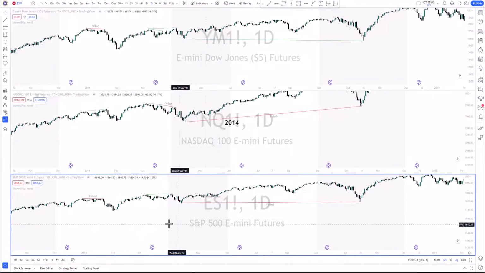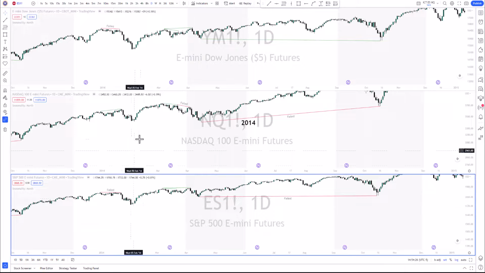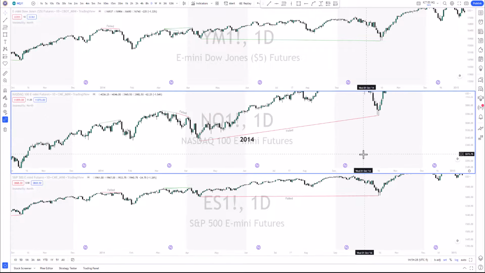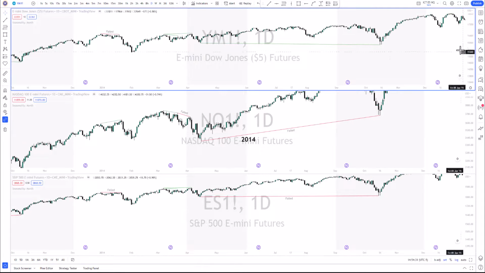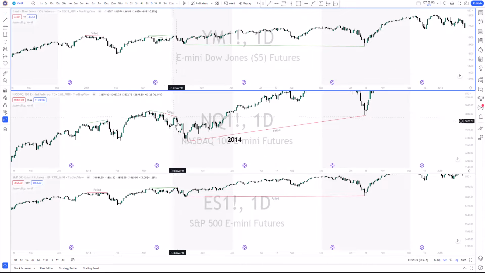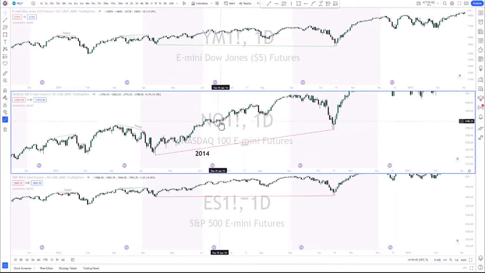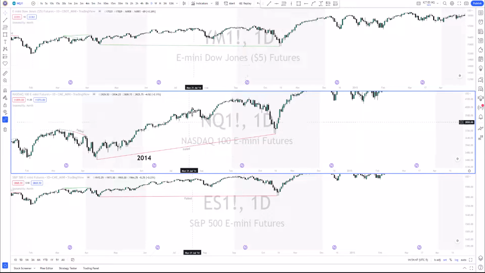Then this was in January. I just wanted to note this because you can see, I'll get to it here in a second, we failed to make a higher high and then retraced lower. And then again, we failed to make a higher high in the NASDAQ, retraced lower into this time frame, and then just kind of slowly grinds on up.